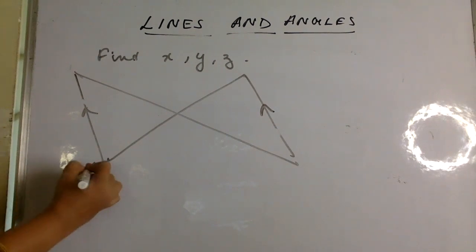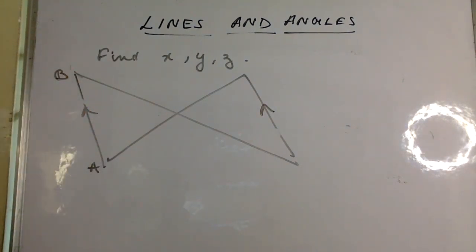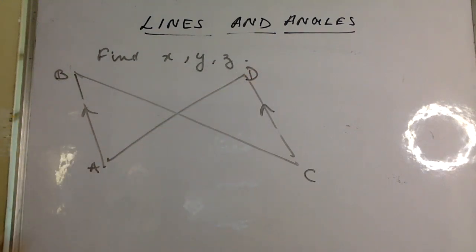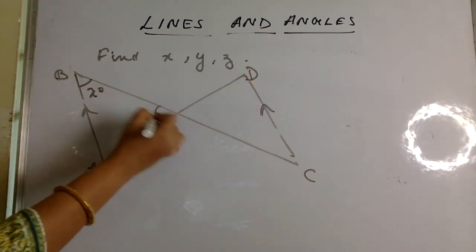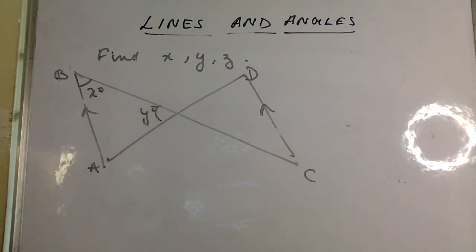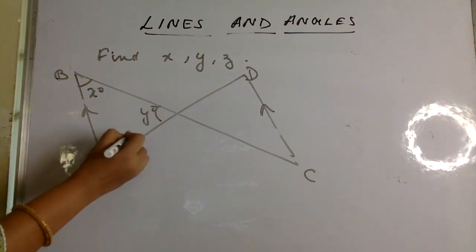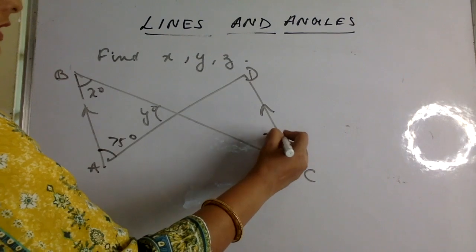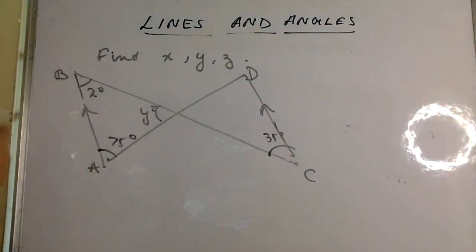Let me name them. They hadn't named it, but I will name them because it's easier to write when we name them: A, B, C, D. Here is our angle x and here is our angle y. With that, we have this angle said to be 75 degrees and this angle 35 degrees, and this line is parallel to this line.